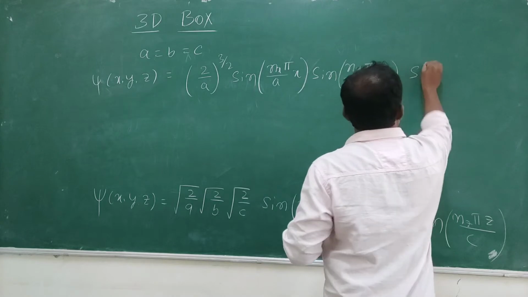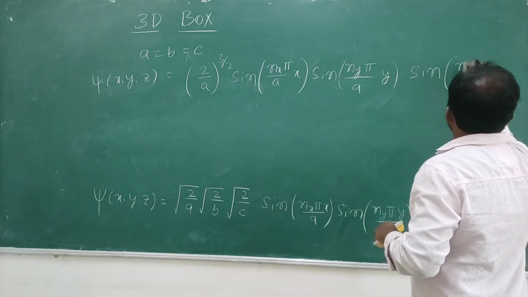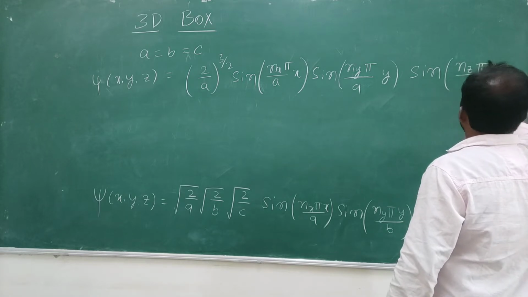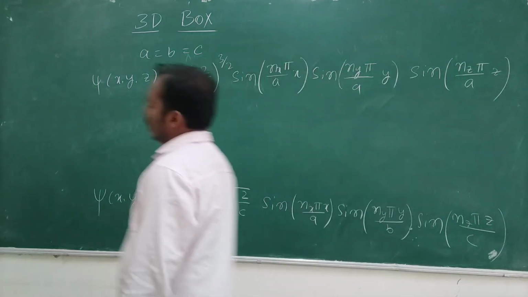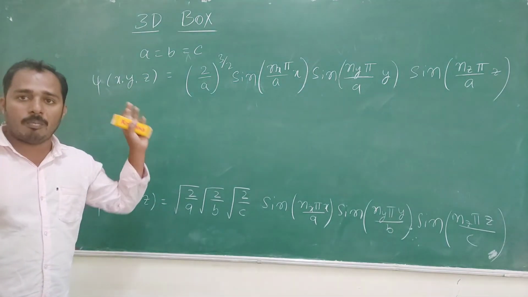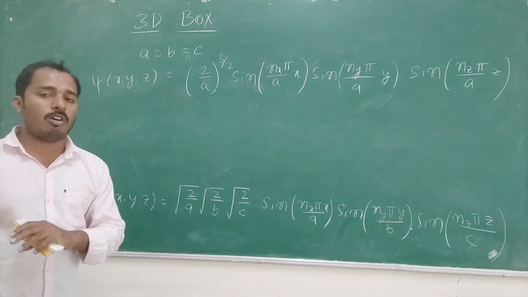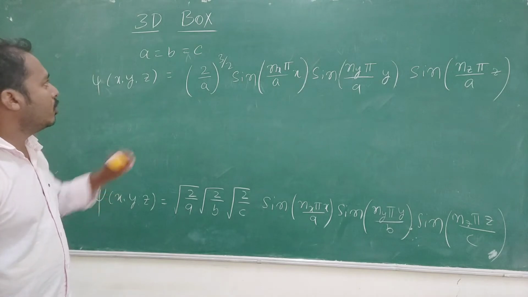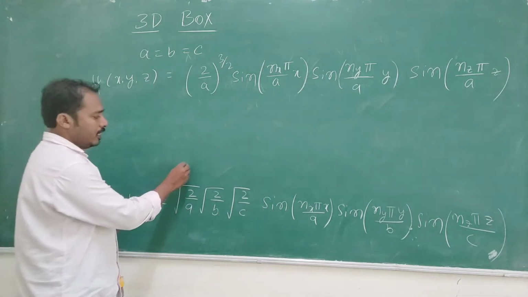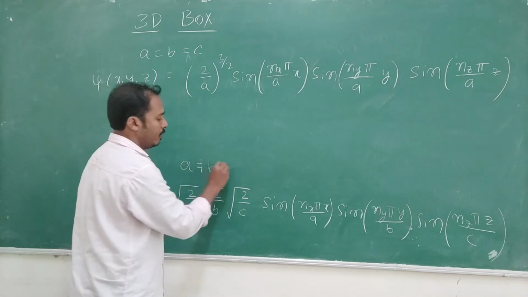So this is the wave function of the particle inside a three-dimensional box with all sides equal, while the earlier one was for a not equal to b not equal to c.